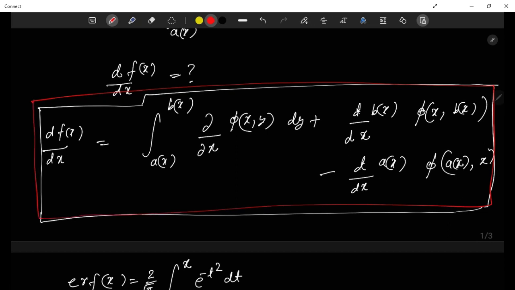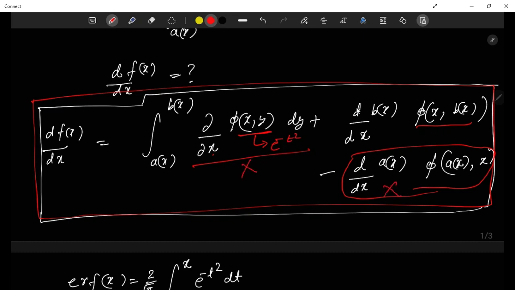So the third term will vanish because the lower limit is 0 and the upper limit is x in the case of the error function, so this derivative will become 1, and here you will get the integrand. This will also become 0 because here you are differentiating with respect to x, but the integrand is a function of e to the power minus t square, and you are differentiating with respect to x, so this term will also become 0.